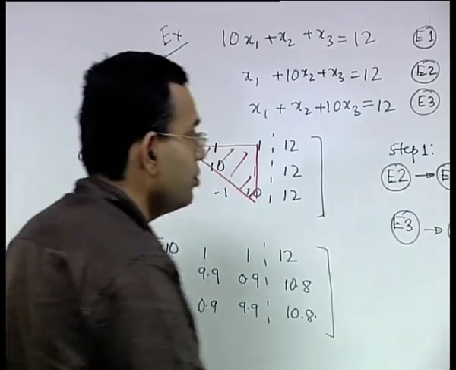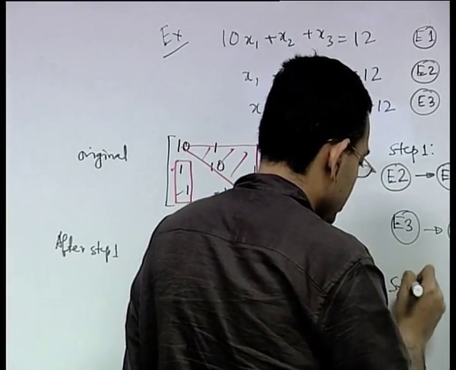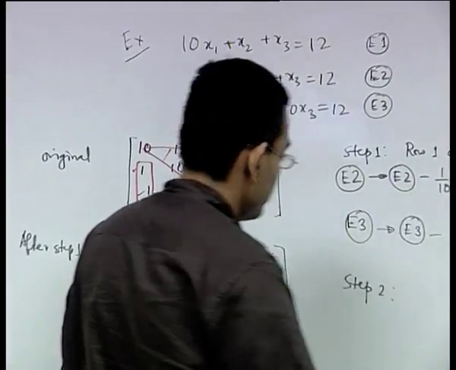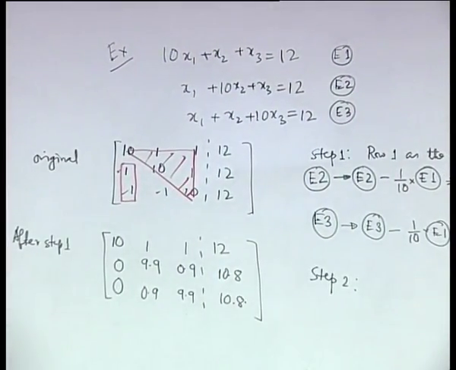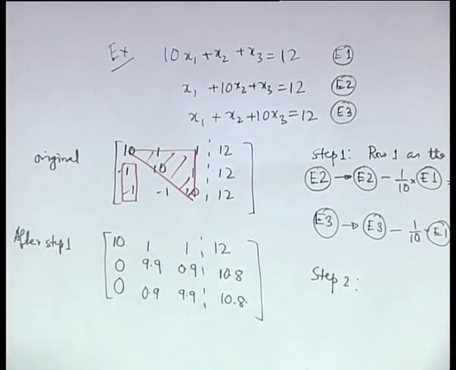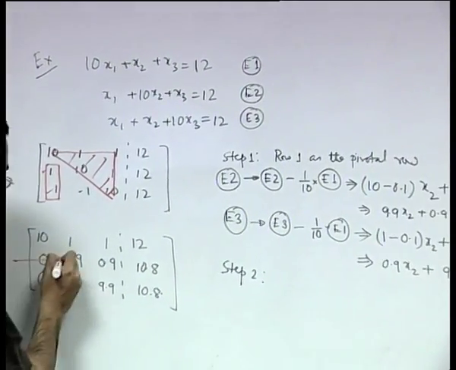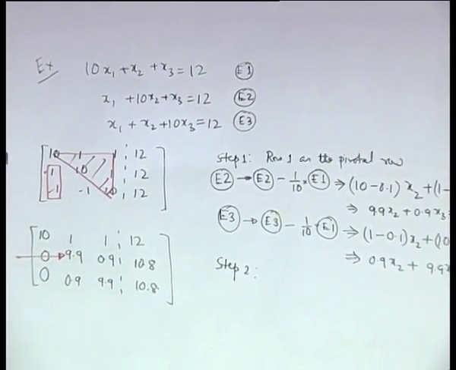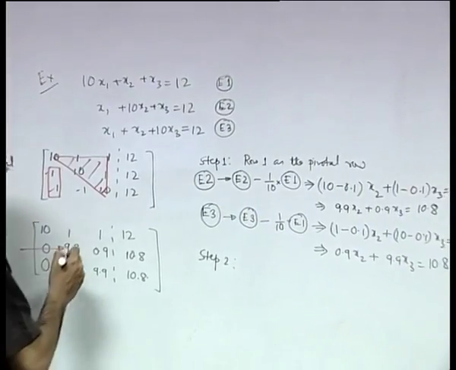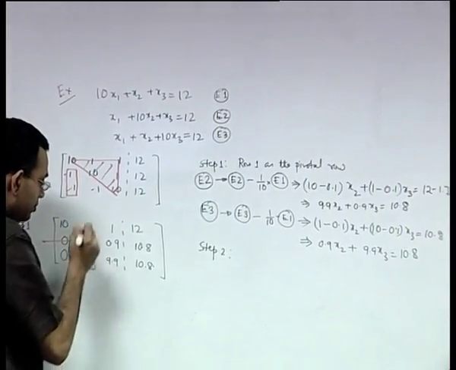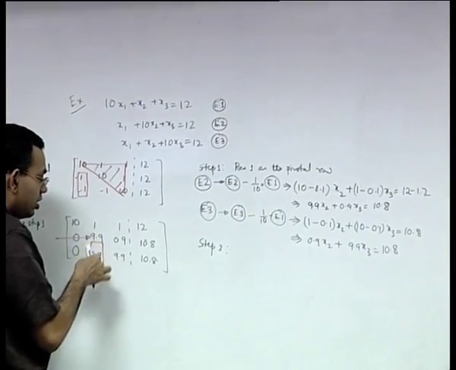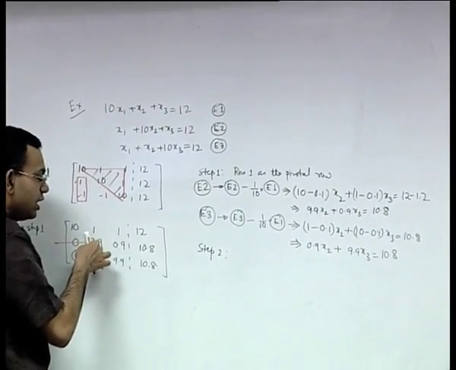Then step 2. Now what will we do? We will consider the second row as the pivotal row and try to eliminate the term which is in the column conforming to the diagonal element of the pivotal row.